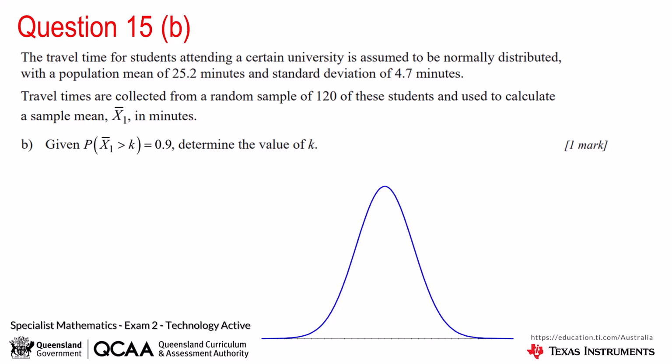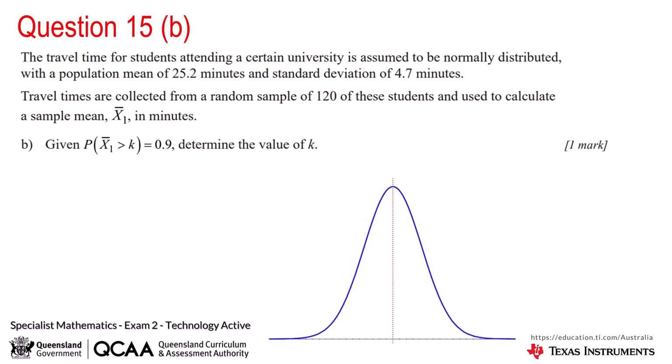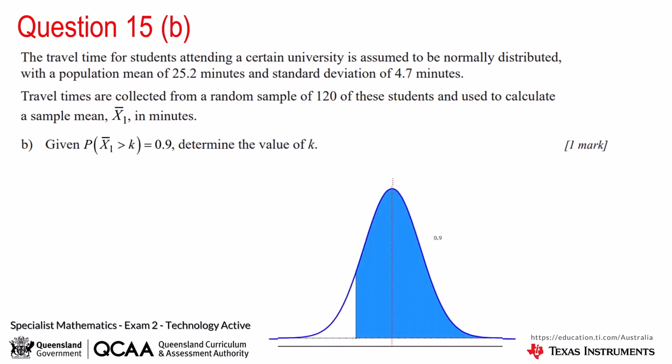Bell-shaped curve, vertical line in the center representing 25, and then a vertical line to the left of 25, denote that by K, and then shade in the area to the right. So in other words, you're shading in 90% of the area under the curve that's bounded by that vertical line representing K.